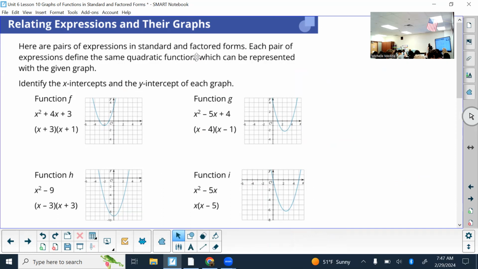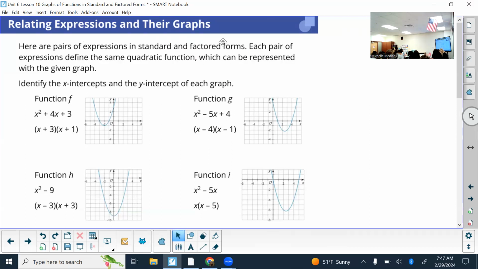For each pair, you are going to identify your x and y intercept. You might notice a certain pattern, or if not, I'll draw your attention to it once you're done. Any questions on what you're doing?